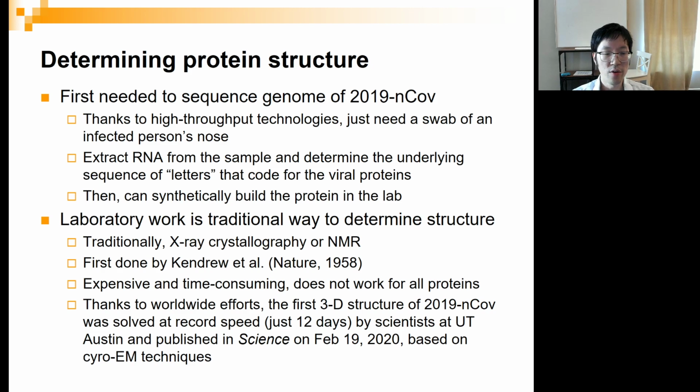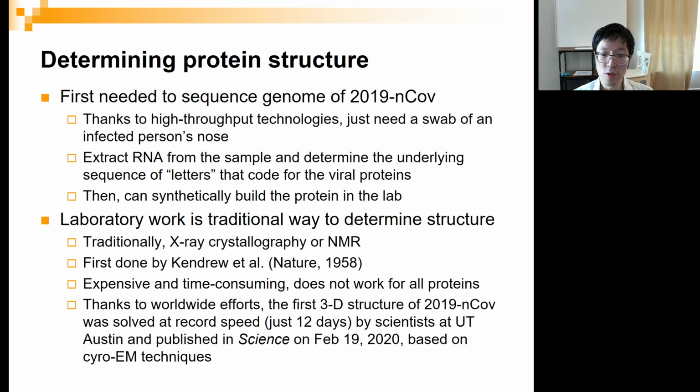That technique has, of course, been refined over the years, but nonetheless, it is considered a relatively expensive and time-consuming procedure, and you certainly cannot do it for all proteins. In fact, it does not work for all proteins. And as mentioned, there are far more sequences that code for proteins than we can possibly analyze in a laboratory setting using these techniques.